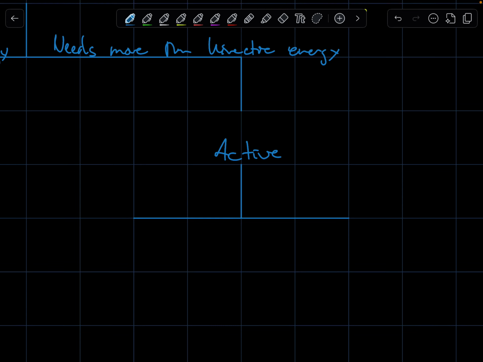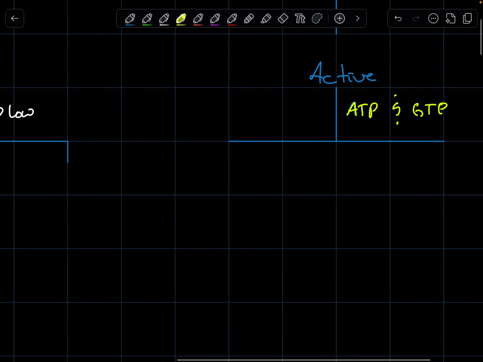We're going to actually describe active transport, and this is the need for energy. So, as I said previously, there are two types of energy that allow for molecules to move across membrane with these proteins: ATP and GTP.